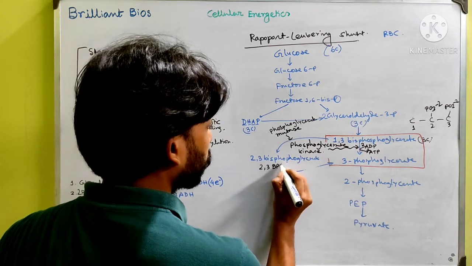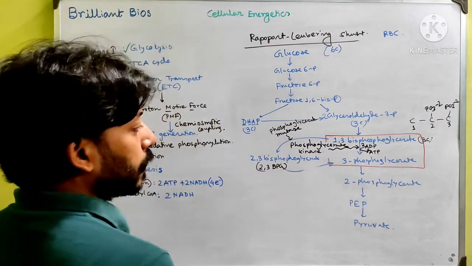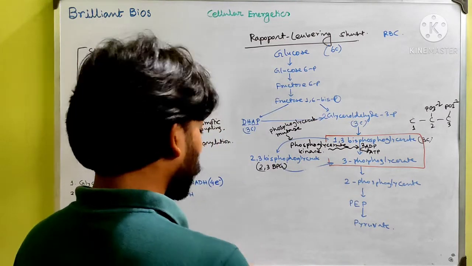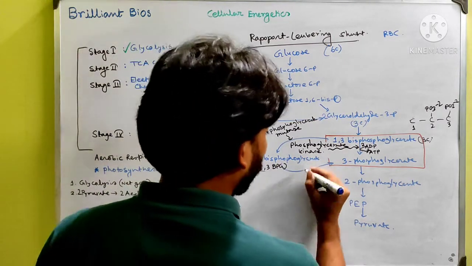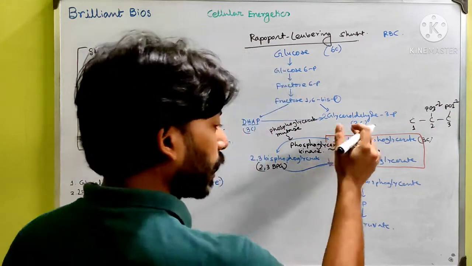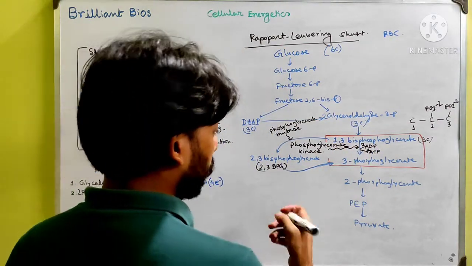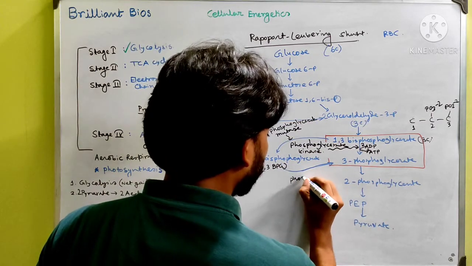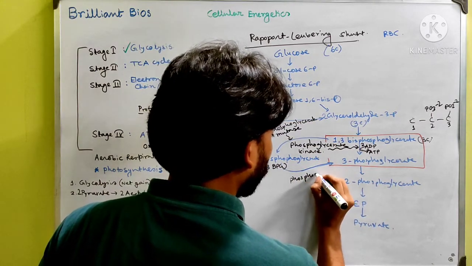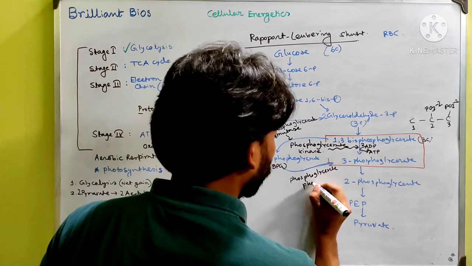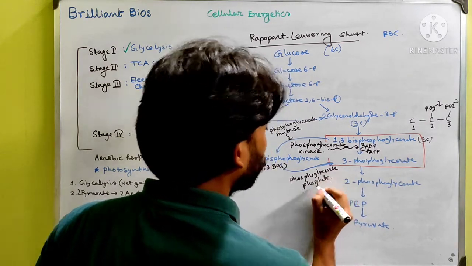2,3-BPG is important. Now this 2,3-BPG is converted back into 3-phosphoglycerate, and the glycolysis pathway continues. The enzyme responsible for this transformation is called 2,3-bisphosphoglycerate phosphatase. Why is it a phosphatase?